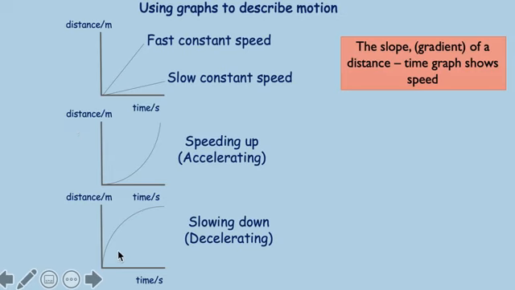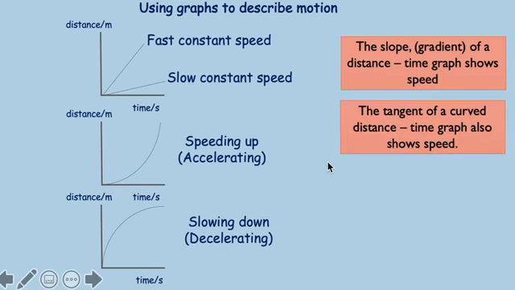Now, this is sometimes something people find a little bit tricky, because maybe you'd think if something's slowing down, the line would be going down. But look at what's happening to the slope or the gradient in both of these cases. So we've just said that the slope can tell the speed. So if I draw a tangent of a curved graph, that shows me the speed as well.